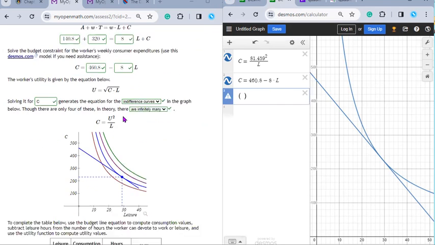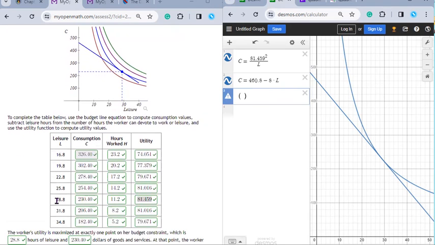My optimal point was what? The first number in the point is leisure, 28.8. The second number in the point is consumption, which is 230.40. And notice I have this big black dot here.